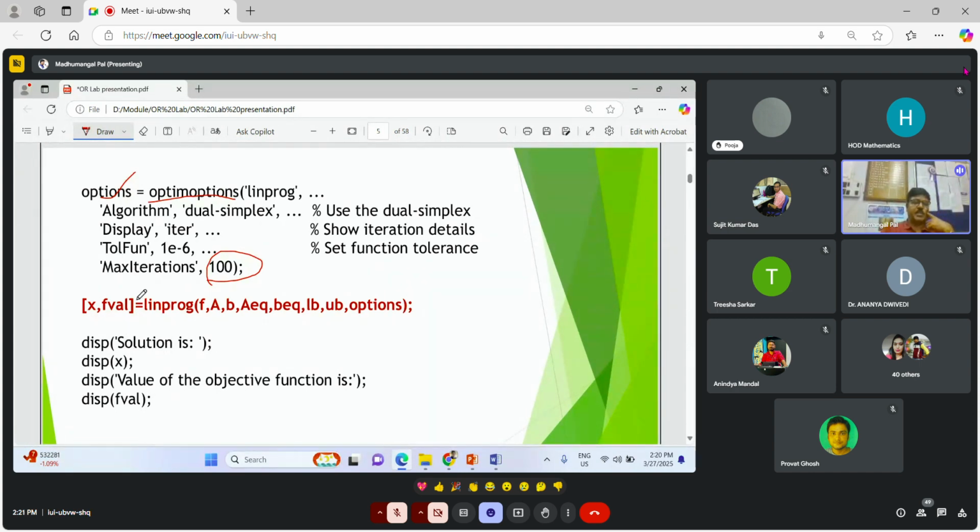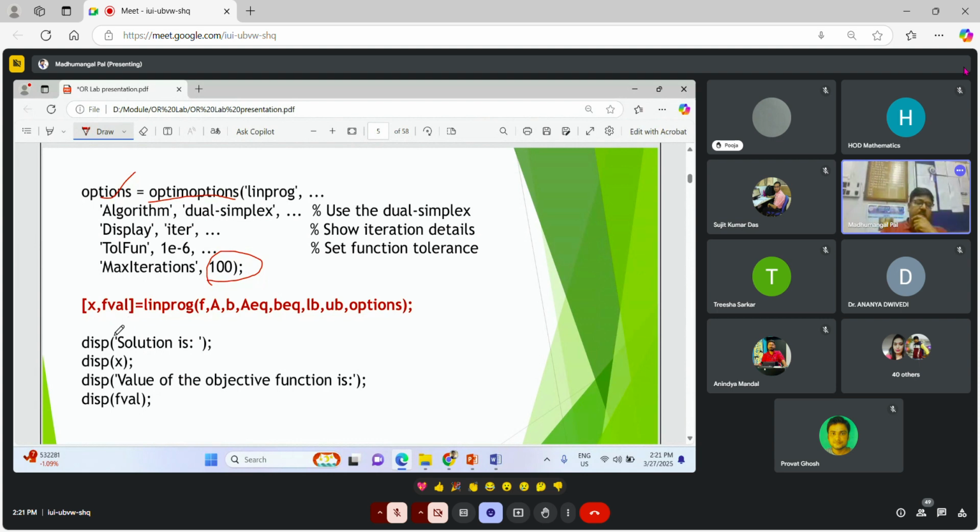But in MATLAB, it is very interesting that it can calculate a lot of things, and as per our requirement, we can extract them from the output set. That means x is one output and f is another output. So x represents the solution vector and f represents the value of the objective function. These are the two outputs for this linear programming problem.